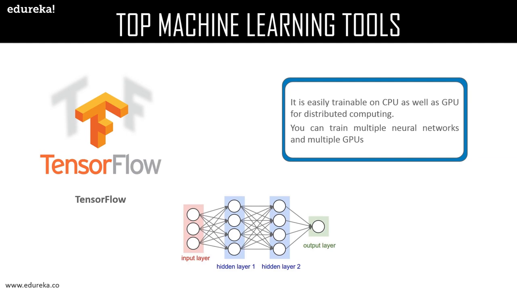TensorFlow provides an accessible and readable syntax which is essential for making these programming resources easier to use, and being a low-level library it provides more flexibility, and with the new version 2.0, it is just going to be on top of any machine learning or deep learning purposes. It is one of the best machine learning tools available, and it also uses Keras and other high-level APIs to make things a little smoother. And the most important thing is it can run on both CPU as well as GPU, and it really helps in graphical purposes. If you're dealing with images, videos, TensorFlow is the way to go.